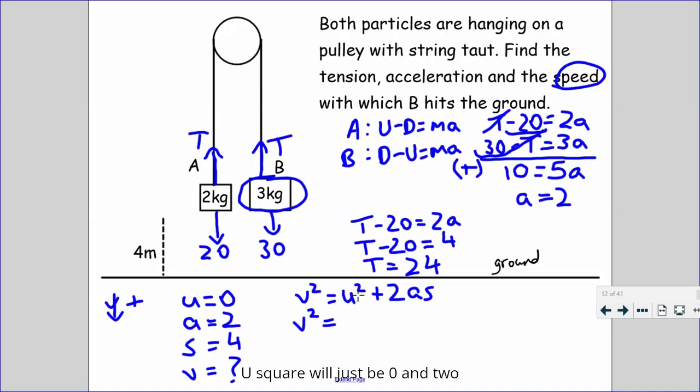V squared equals U squared plus 2AS. U squared will just be 0, and 2AS will be 16, which means your velocity is 4.